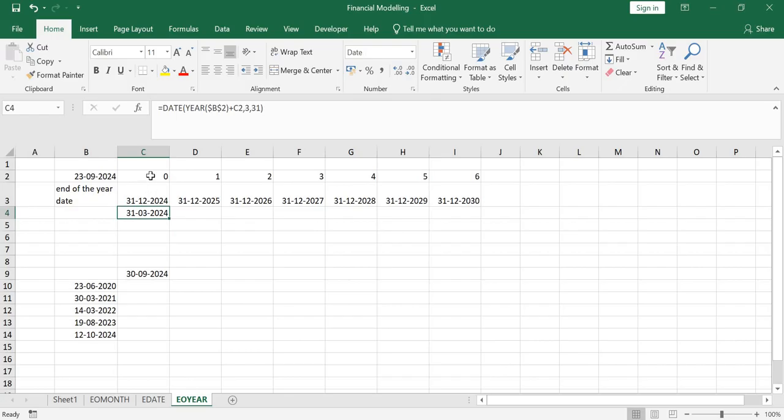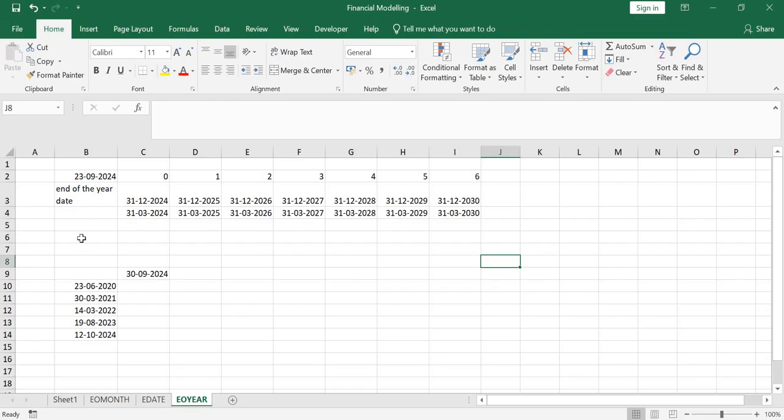Now what you can see, the current year financial date is 31st March 2024 because I am saying that you have to calculate the 31st March of 2024. It has calculated. Now again copy it, shift, arrow sign and enter. Now you can see the end of the year date for the next years, and so on. So this is how we are going to calculate the end of the year date.